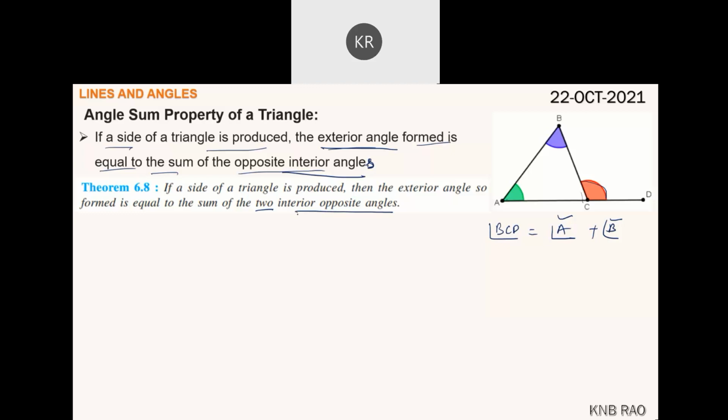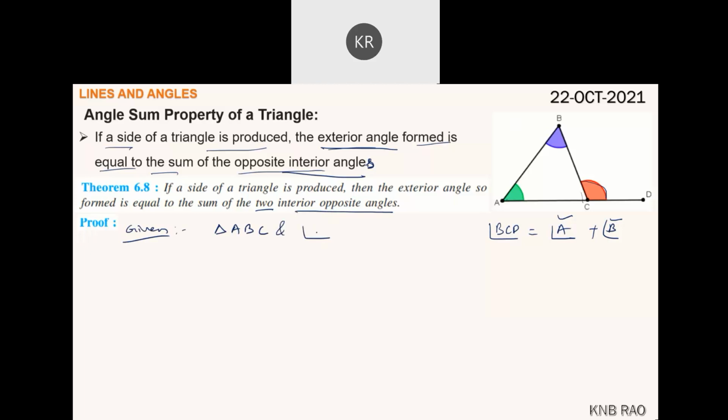To prove this, here it is very simple. We will make use of 6.7. Here given is triangle ABC.